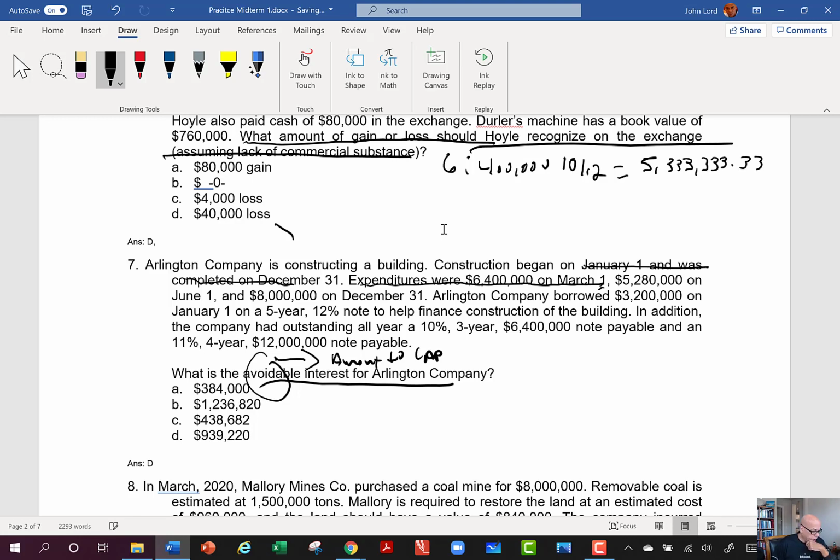Okay, all right, good. Then they tell me that they spent $5,280,000 on June 1st. So I got to pick that up. $5,280,000 less $380,000, and I need to multiply that by 7/12.